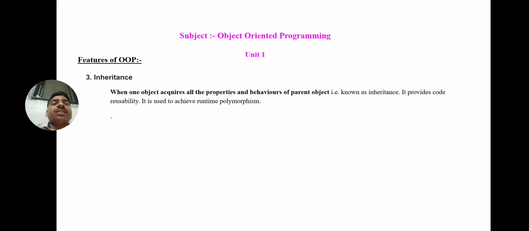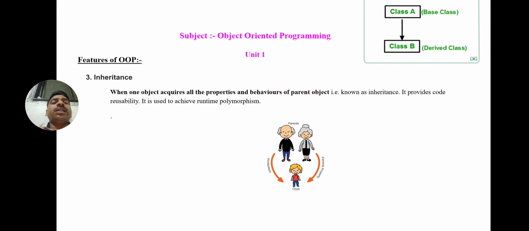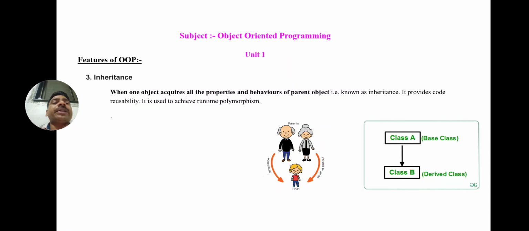Then third feature, also a very important feature of object oriented programming, that is inheritance. When one object acquires all the properties and behaviors of a parent object, that is known as inheritance. It provides code reusability and is used to achieve runtime polymorphism. The best example for inheritance is our family hierarchy diagram.